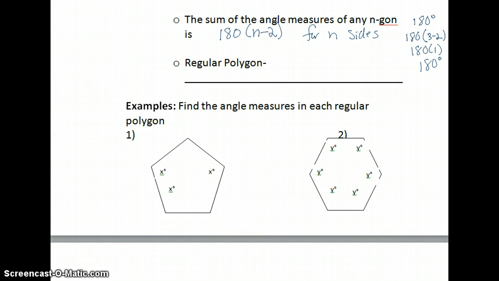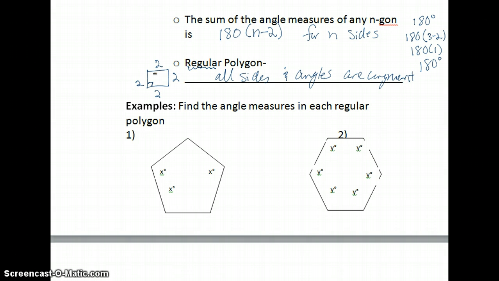A regular polygon. Regular means all the sides and all the angles are congruent. An example of a regular polygon is a square where if this side is 2, all other sides are 2 as well, and you have 4 right angles.